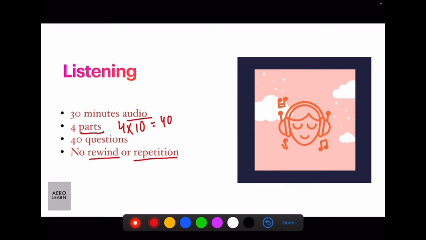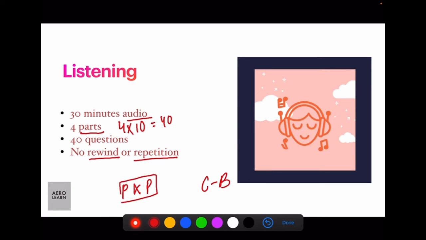The audio will be played only once, and you have to be concentrated and alert enough to note down your answers. Now, when the audio is finished, the mode of examination can be of 2 types: either a pen and paper based exam or a computer based exam.